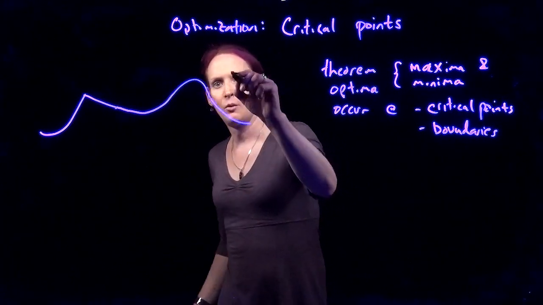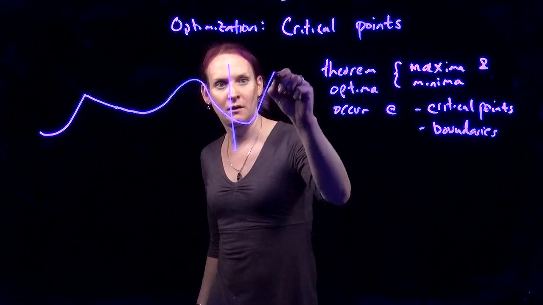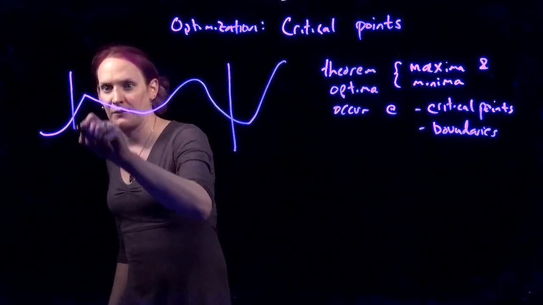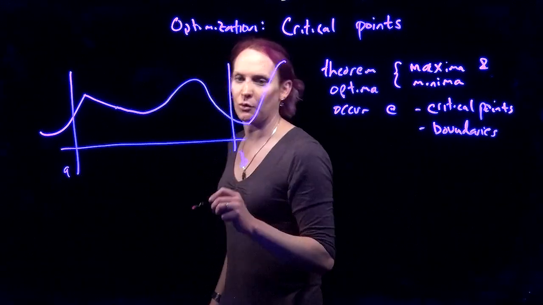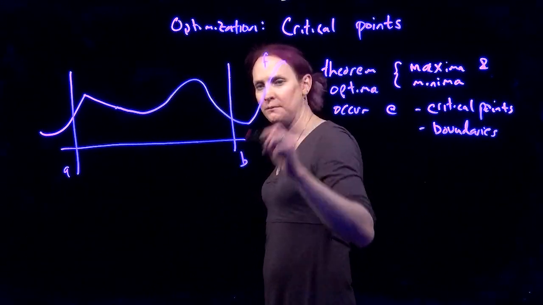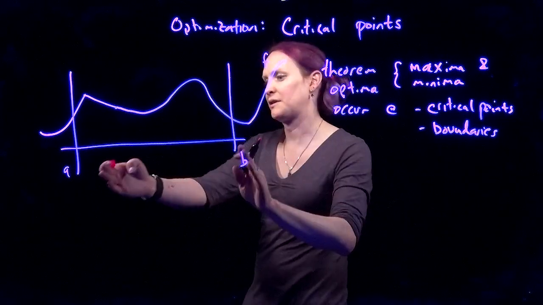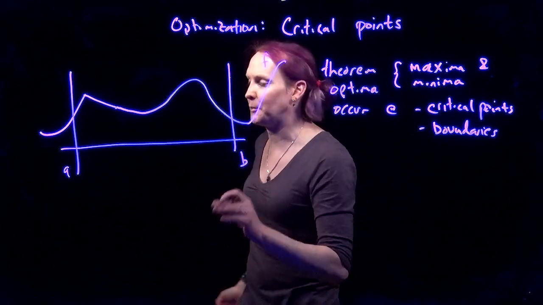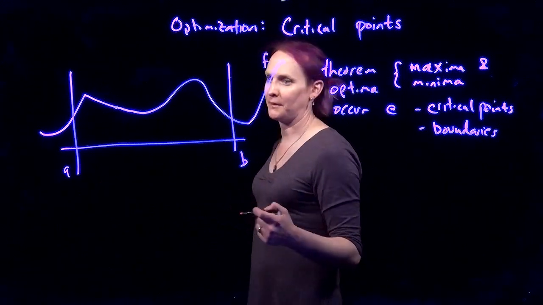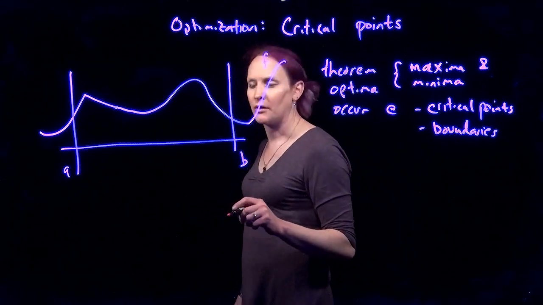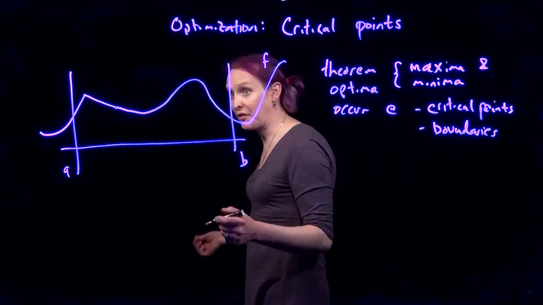Okay, so let's say the function lives in this interval right here. So I've got this function, and we're focusing our attention on the interval from a to b. So where are the optima between a and b? I think that we can just point them out.